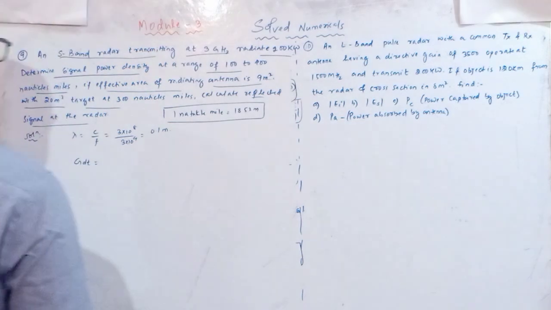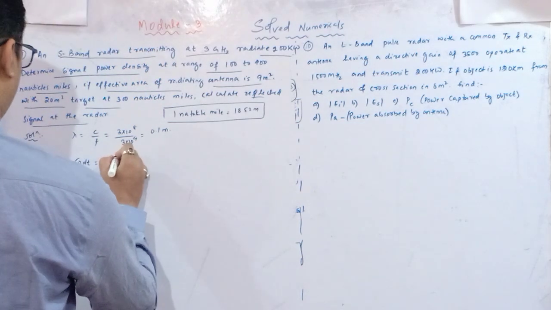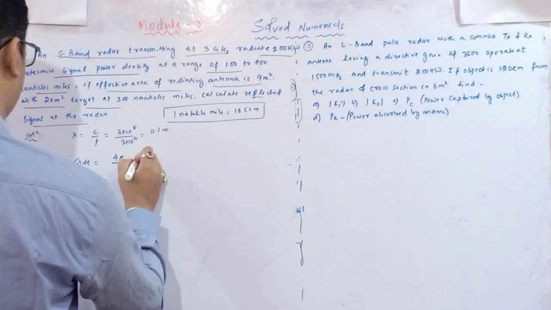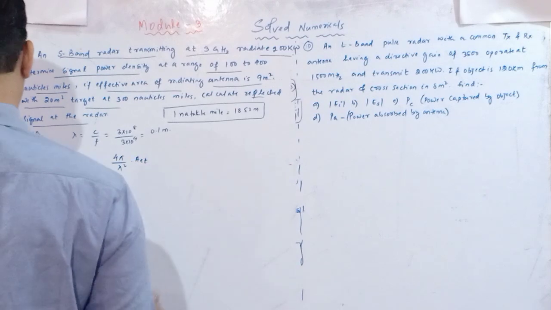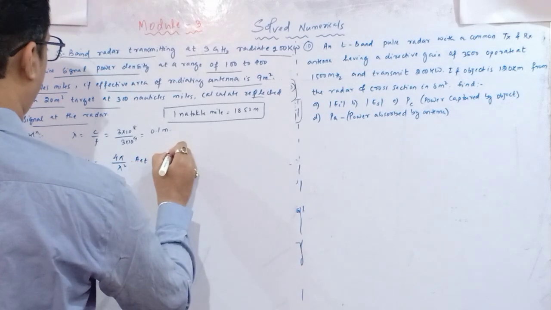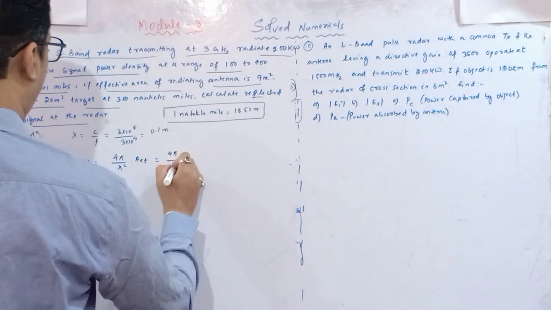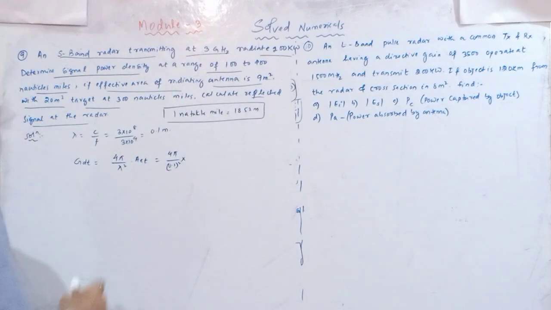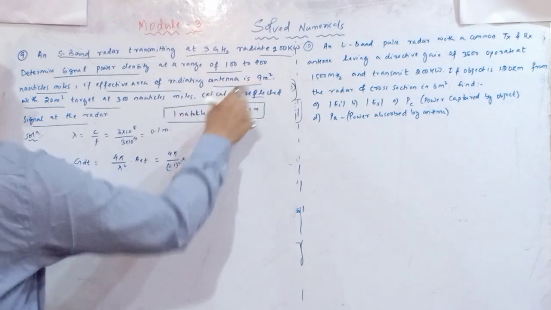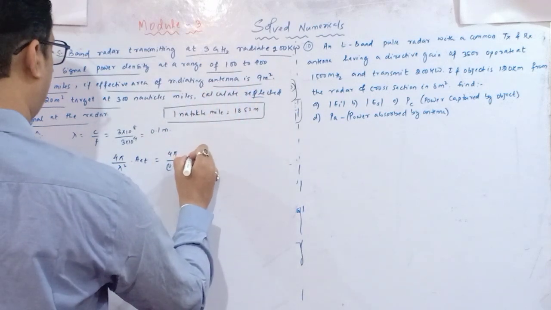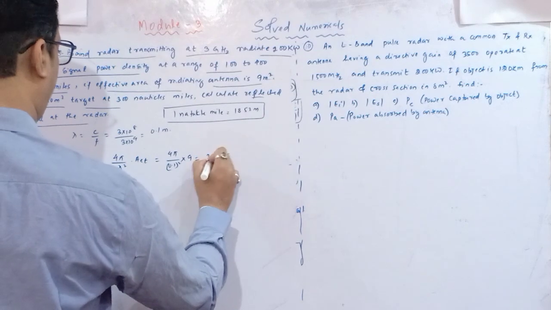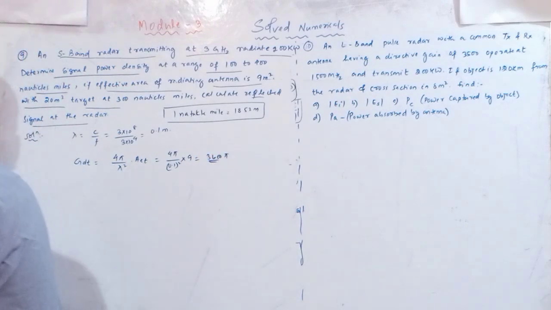For that, the directive gain for the transmitting antenna, I can determine as 4 pi divided by lambda square into AE of T. So 4 pi divided by 0.1 lambda square, and for the transmitting antenna with an area of 9 meters square given, substitute 9 here, you will get 3600 pi. So this is your GDT.